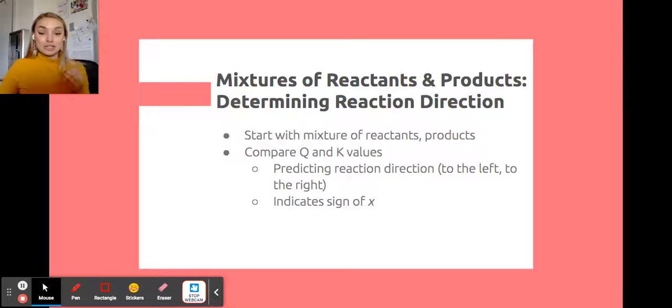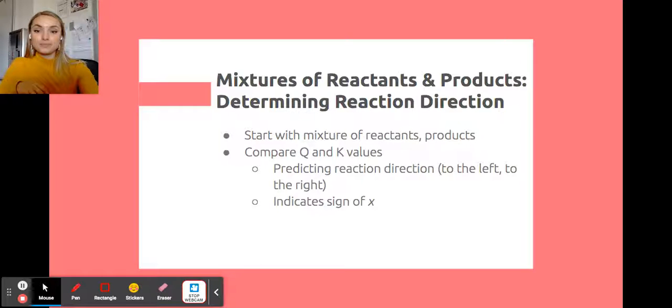We're going to initially look at our starting amounts, determine our reaction quotient initially, and compare that to the equilibrium constant that we're given. If that value is larger or smaller, that will give us information and tell us how to proceed with the reaction. And it will therefore indicate the signs of X in our ICE chart.